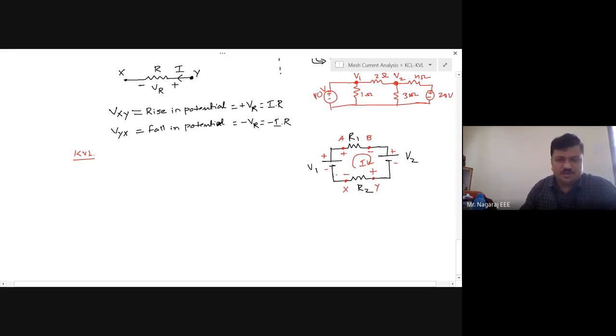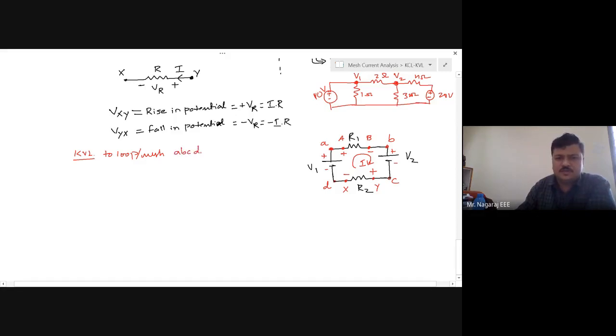While taking the drops and EMFs, a rise in potential is positive and a fall in potential is negative. Now let me take the loop as A, B, C, D. Apply KVL to the loop or mesh A, B, C, D, A. Here loop and mesh are the same because there is only one series connection.